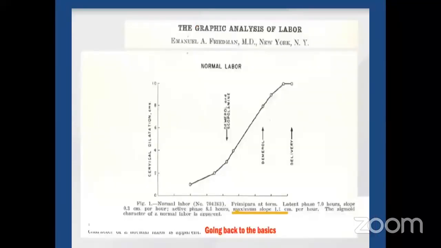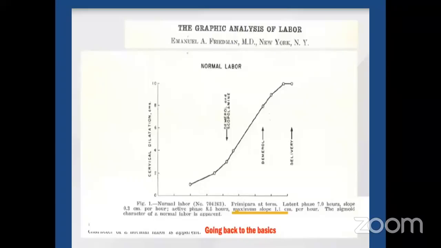And he came up with a curve which we know very well. In this curve we show that there is a latent phase, and then there is a rise, and then there is a sigmoid. That means from 9 centimeters dilatation to 10 centimeters of full dilatation, there is a little slowing.